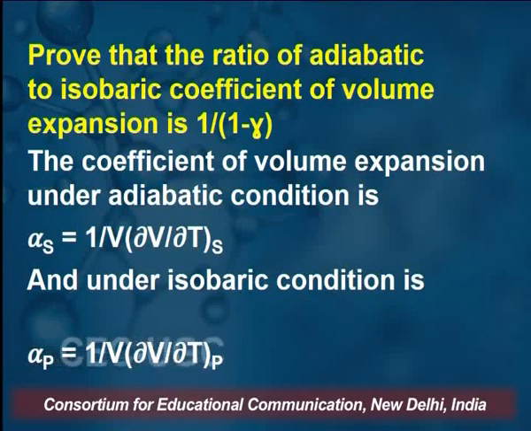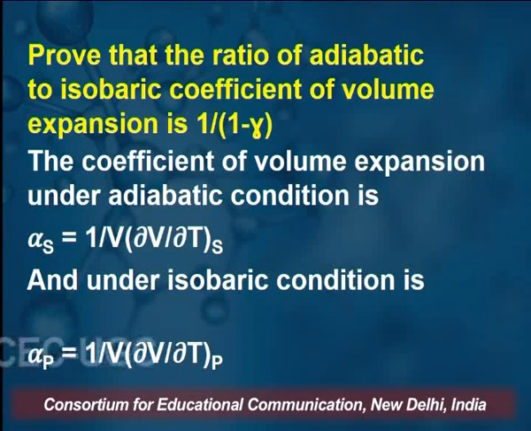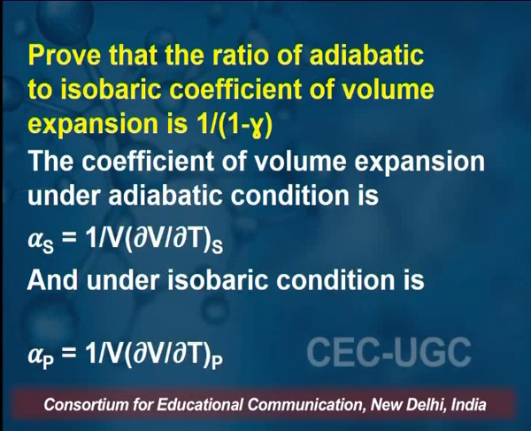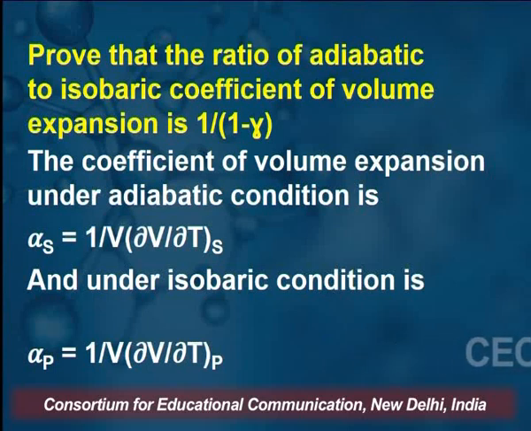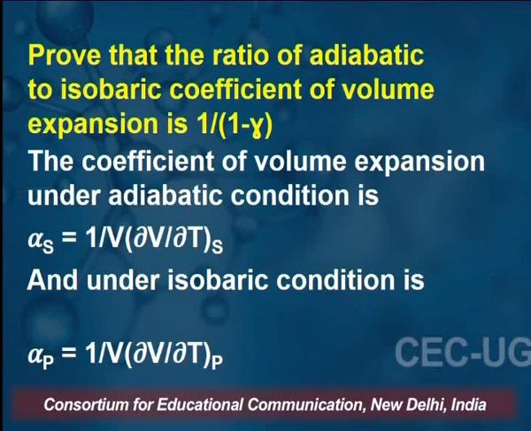By definition, the coefficient of volume expansion under adiabatic condition is alpha S equal to 1 by V ∂V/∂T at constant S, and under isobaric condition alpha P is 1 by V ∂V/∂T at constant pressure.